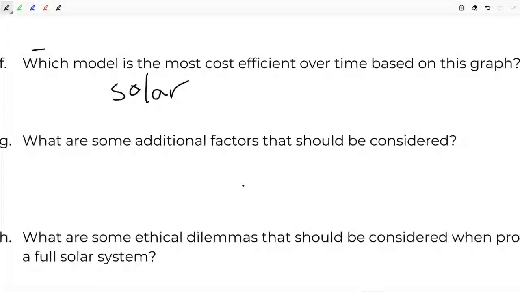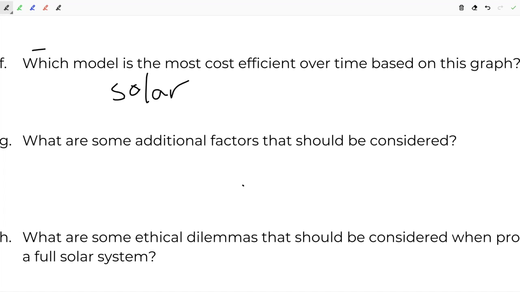What are some additional factors that should be considered? Well, solar panels we haven't considered in this case do need some repair. We pretended that it was just a straight up $10,000 cost, but there are unpredictable repairs that come over time, such as hail damage. Some of those may be covered by insurance, some may not. Also, the effectiveness of a solar system drops slightly over time.